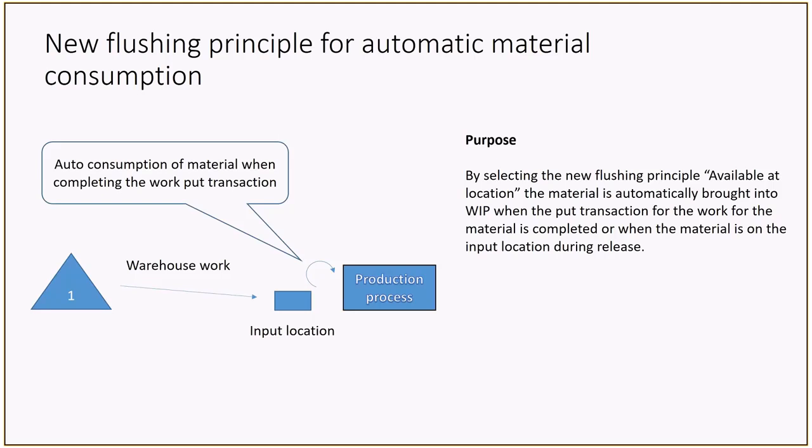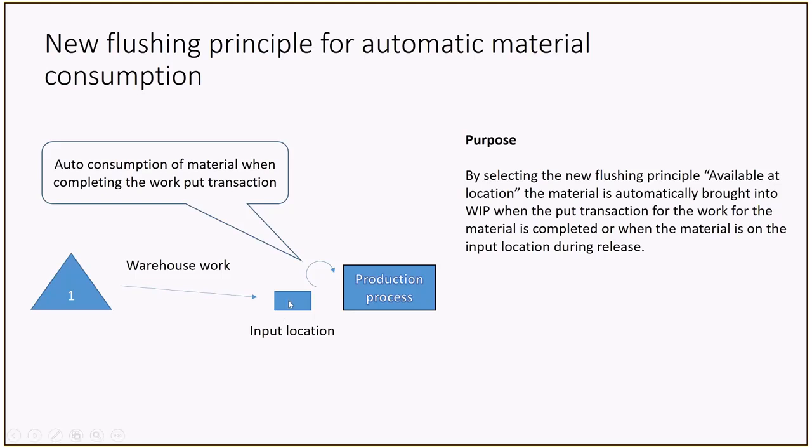This feedback has come from many customers who regard material on the production floor as part of WIP. So instead of accounting for it manually, it's automatically brought into WIP when work is completed.